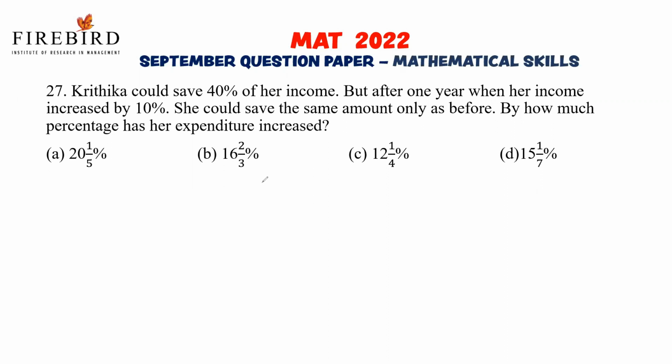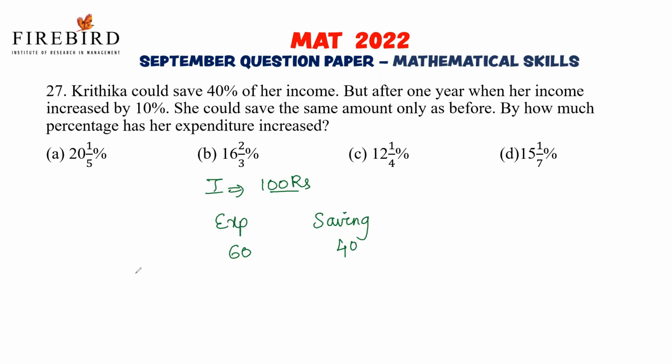So let us take Kritika's income as 100 rupees, and 40 percentage she saves. 40 percentage of 100 is nothing but 40, and her expenditure during that time is 60, right?